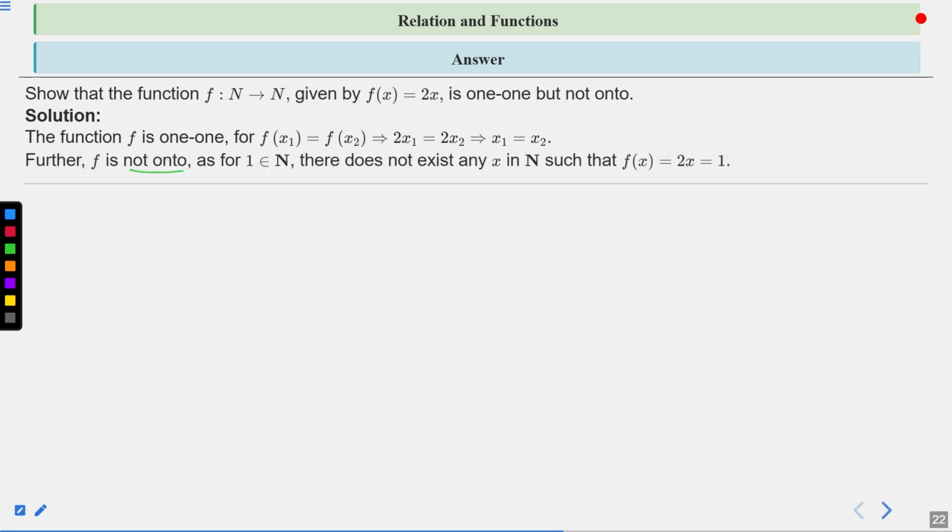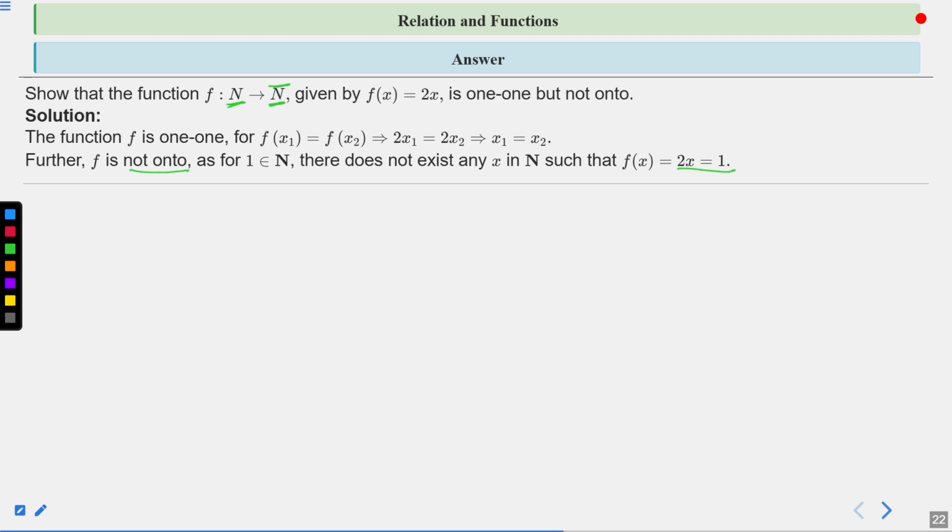Now for onto, we want range to be same as codomain, or in other words, every element of this set must have a pre-image. So if you observe, we know 1 belongs to the codomain set. Are we having any x such that 2x is equal to 1? No, we don't.